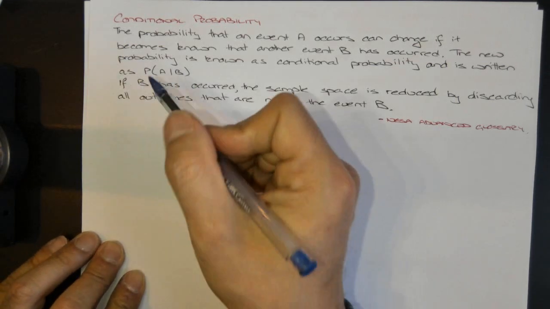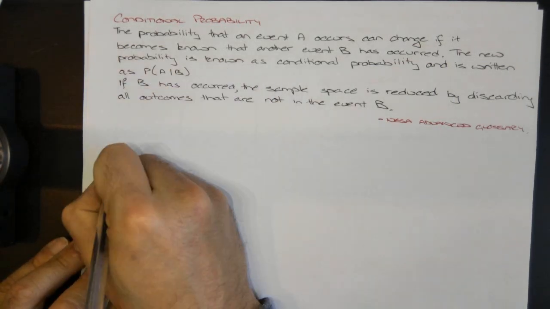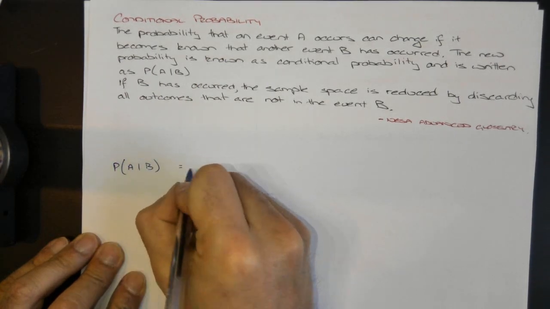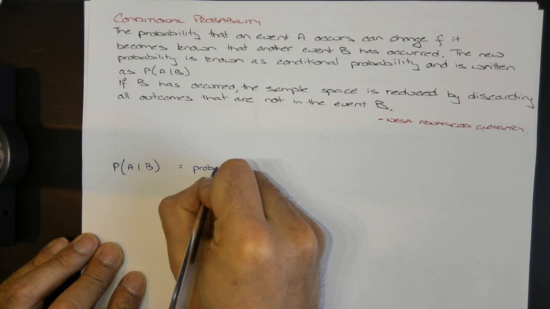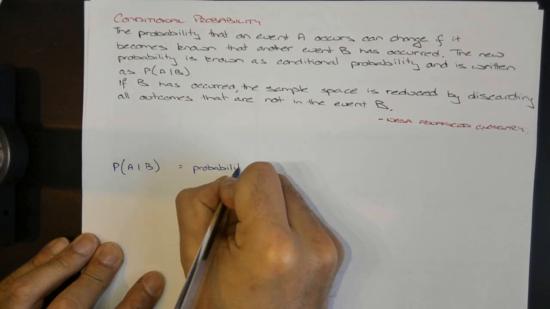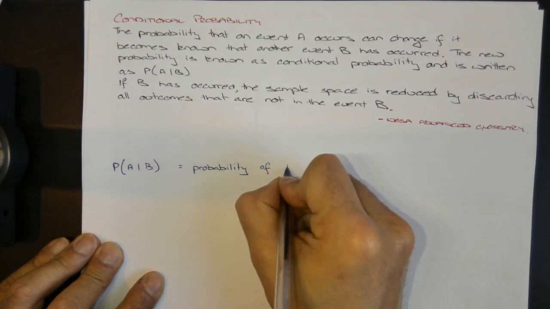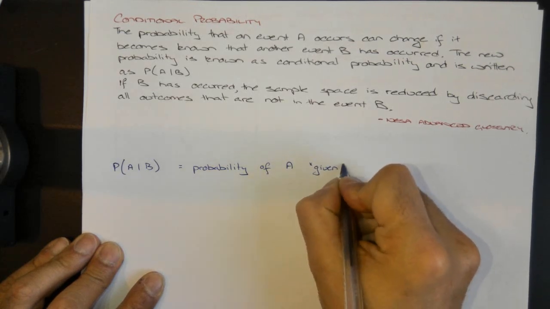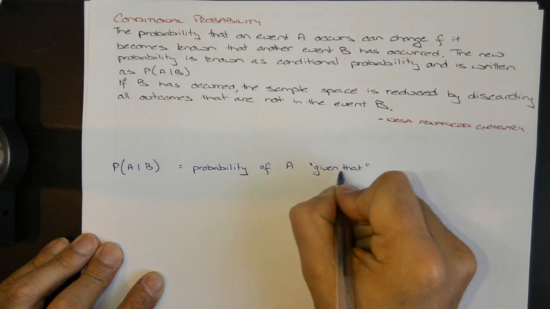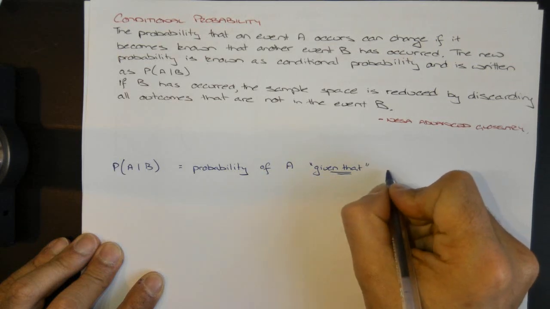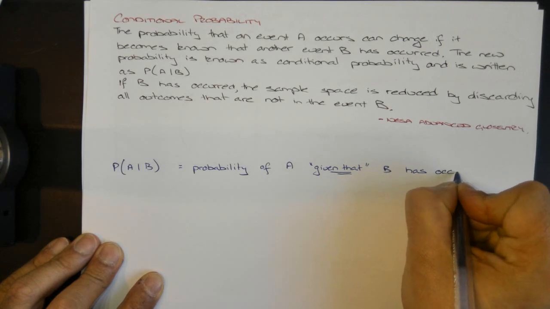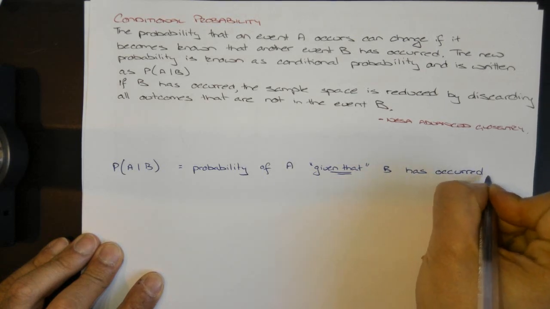We can read this out as the probability of A given that B has occurred. That's how we read it out.